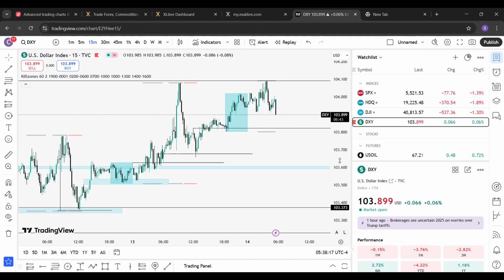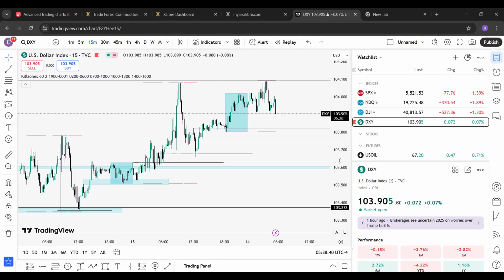When price sweeps the high and trades into an institutional reference point, then we see a reaction that creates a displacement lower. That is when we are looking to sell. When price sweeps the low, trades into an institutional reference point, the fair value, order block, or breaker, then creates a displacement higher, that's when we're looking to buy.